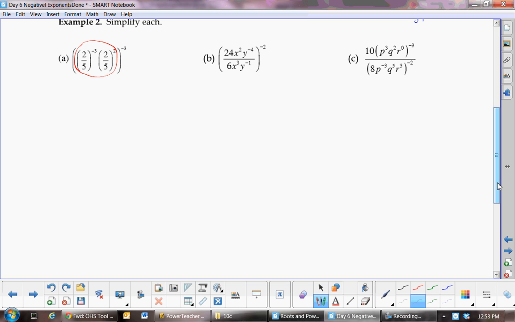If the bases are the same and they're multiplying each other, what do you do with the exponents? Add them. So does everybody agree that if you had b to the 4 times b to the 5, that would equal b to the 9? Okay, so this would be 2/5 to the negative 1.